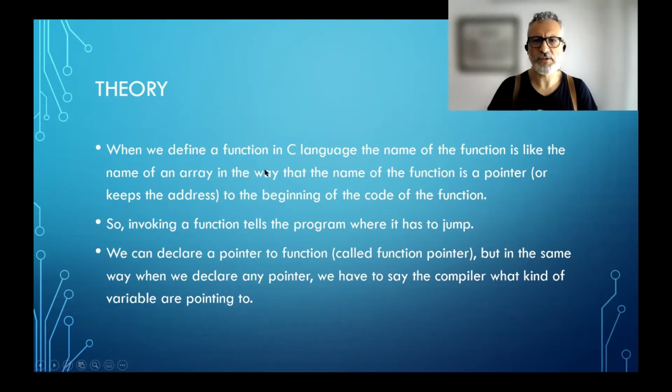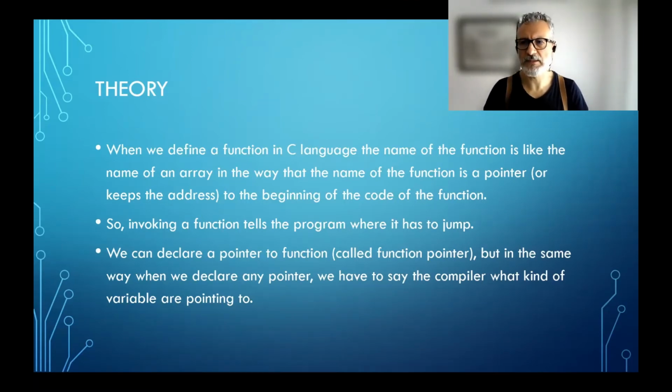When we define a function in C language, the name of the function is like the name of an array, in the way that the name of the function is a pointer or keeps the address to the beginning of the code of the function. It means when we define a function, its name is like a pointer.